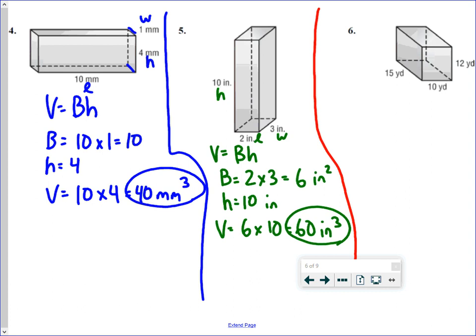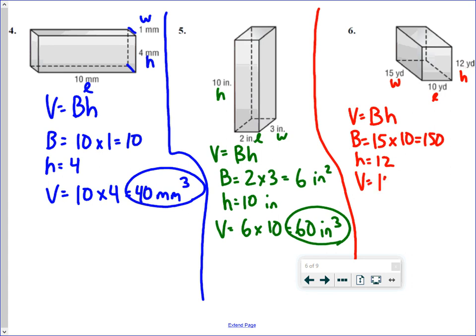And then finally, our last example here, we got length, width, height. Volume is equal to base area times height. Our base area is 15 times 10, which is equal to 150 yards squared. And then our height is 12. So we're going to do volume is equal to 150 times 12. And you may need to do the math on this one.